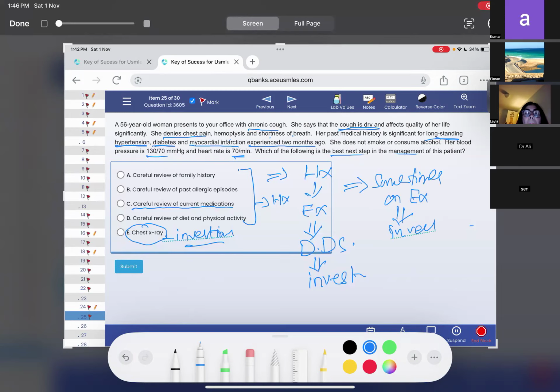We will do an investigation most probably for confirmation of something, so that it is 100% confirmed with us whether it is present or not. Okay, doctor? Okay, thank you. So this is the last question of today's session.